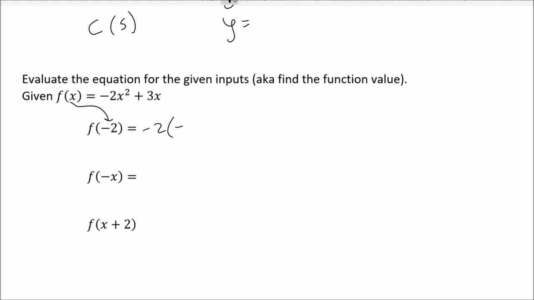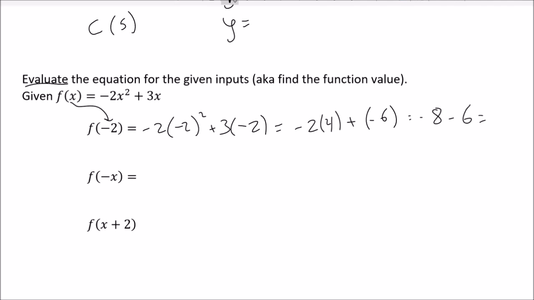So -2 times -2 squared plus 3 times -2. They asked us to evaluate, so we're going to turn that into a single value. -2 squared is 4, so -2 times 4, plus a -6 here. That turns into -8 minus 6, which gives me -14.